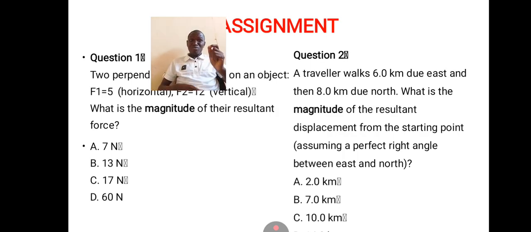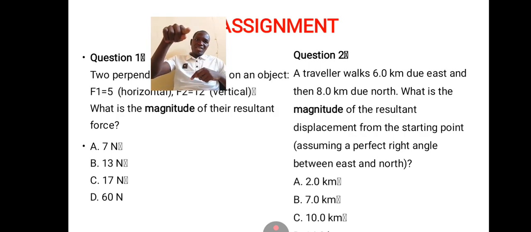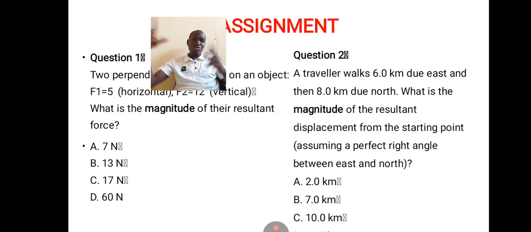Now observe. We are still using perpendicular forces or displacement, because the man first moves east, for example, and later he moves north. What do you have? Did you get it? So you have two displacements on a right-angled triangle. Now, there are some questions that will come in angles that are not right-angled triangles.